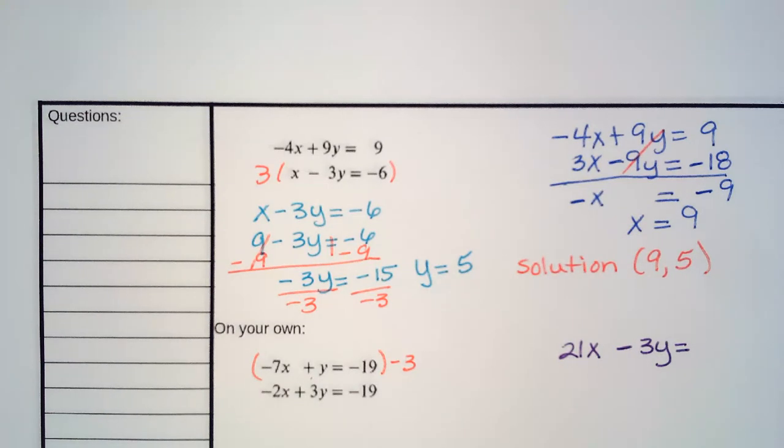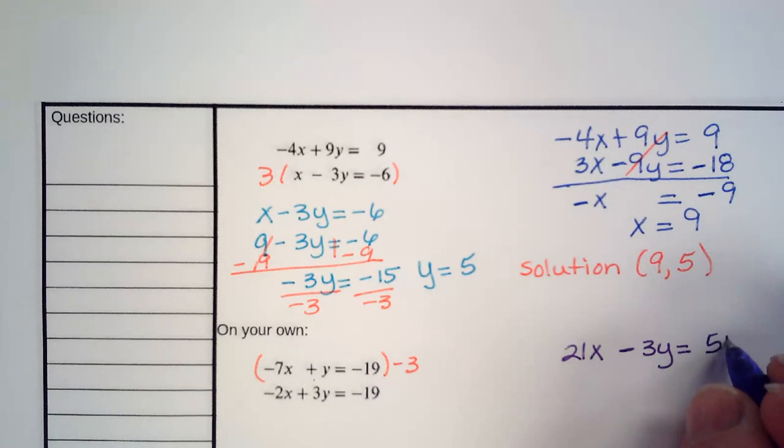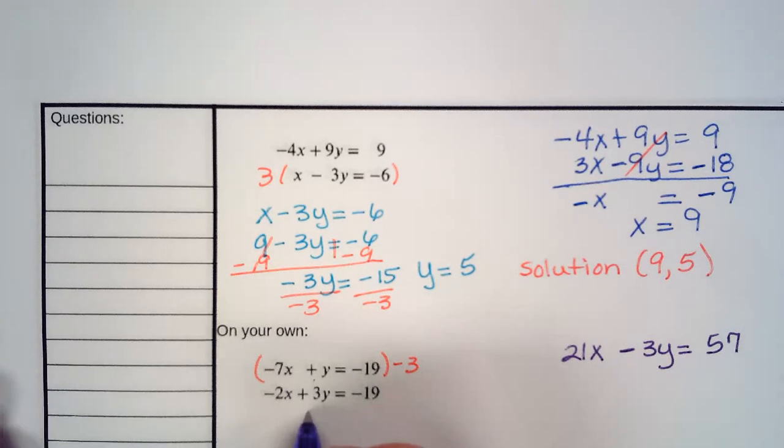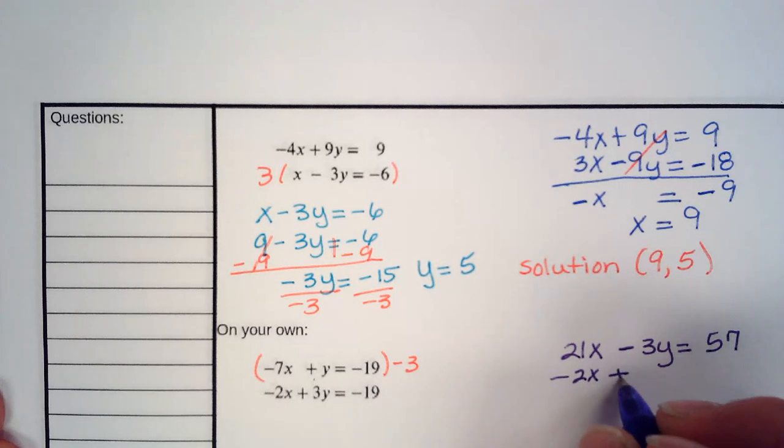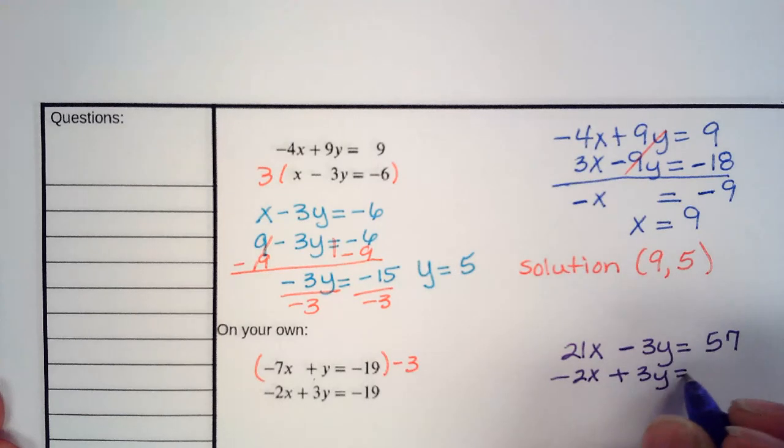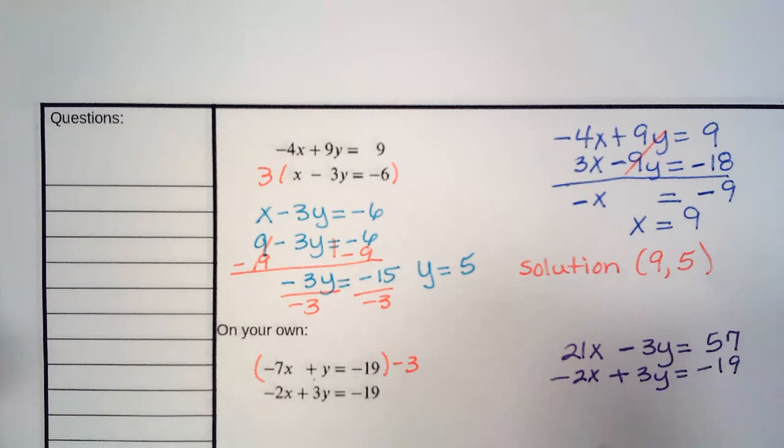If it was 3 times 20, it would be 60, but this has to be 3 less, so it will be 57. Negative times negative is a positive, so it will be positive 57. This one doesn't change, so it's negative 2x plus 3y equals negative 19.